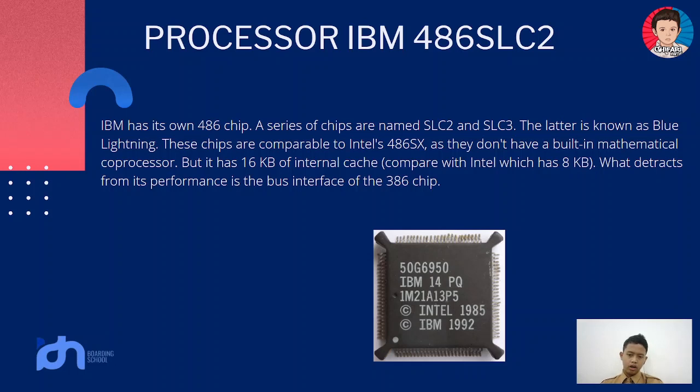These chips are comparable to Intel's 486SX, as they don't have a built-in mathematical coprocessor, but it has 16 KB of internal cache, compared with Intel, which has 8 KB. What detracts from its performance is the bus interface of the 386 chips.